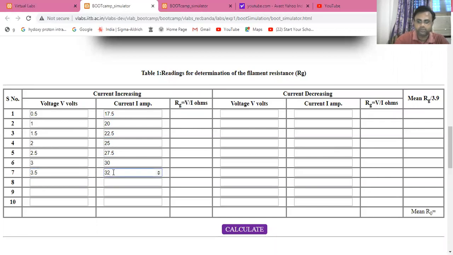At 4 volt it will be 35, and at 4.5 volt it will be 37.5.